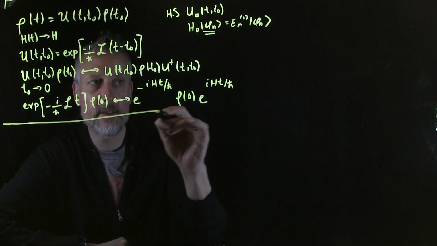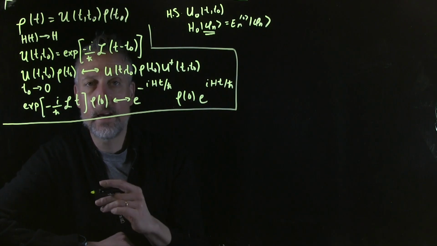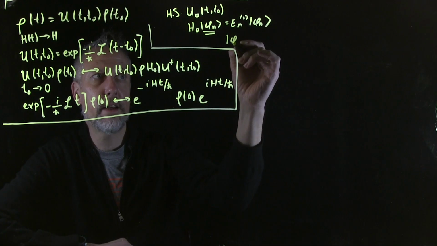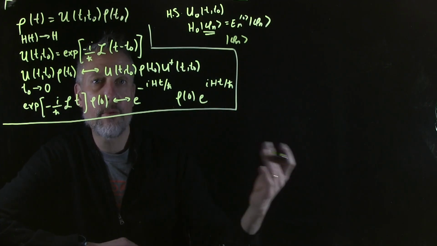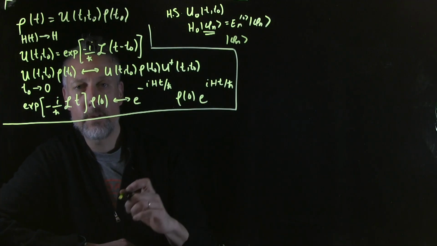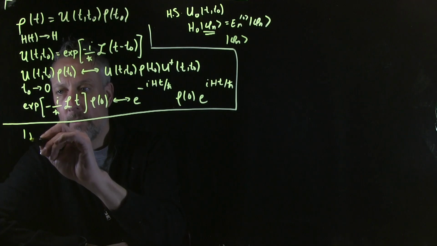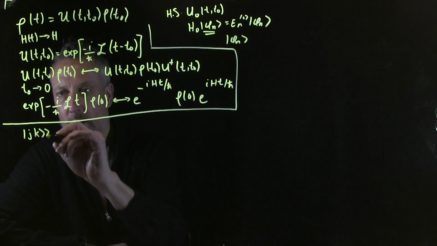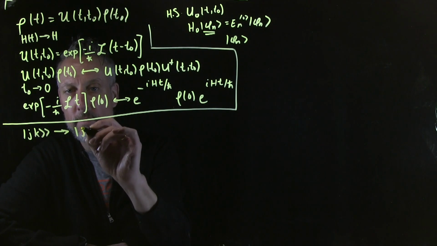Now, what is the basis in Liouville space? Remember, the basis in Liouville space is, instead of a single vector like this, going to look like an operator in Hilbert space. So we can write it in any number of ways. We would have written something like this before, which we can then rewrite in Hilbert space like |j><k|.